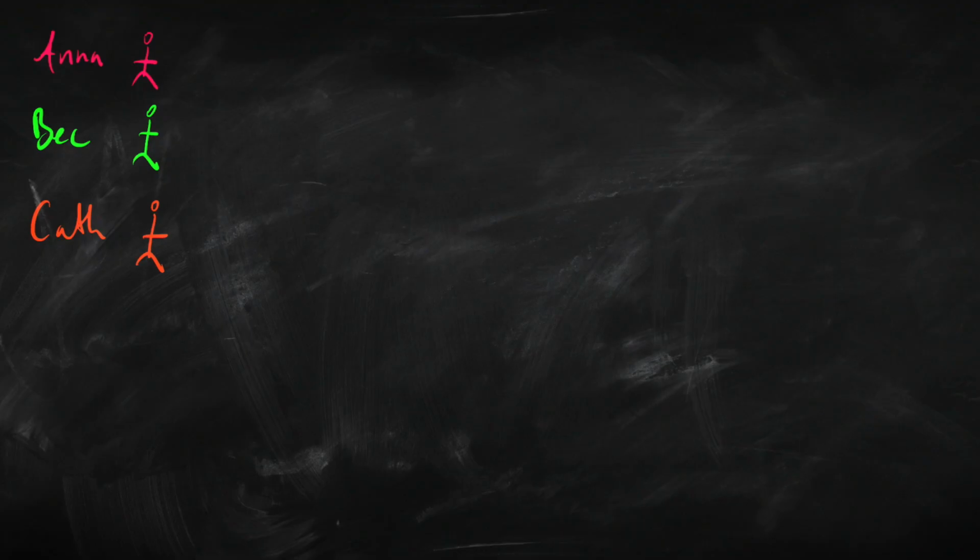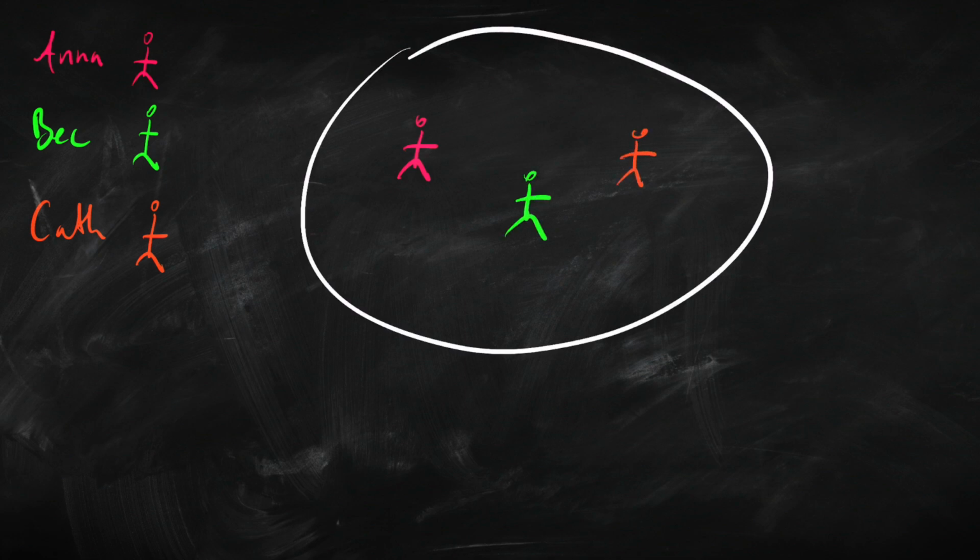So let's do our model over here, and let's have Anna, Beck, and Kath. There's our domain, the elements of the domain, and in red, let's say that Anna likes Beck, Beck likes Kath, and Kath likes herself. Suppose that's the situation that we're trying to represent.